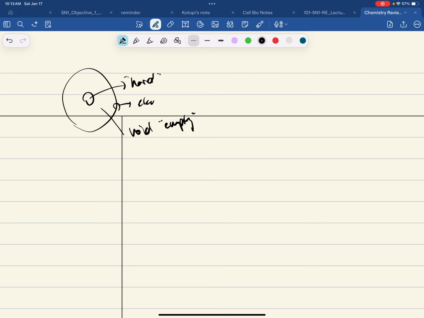The center is positive, and the outside is negative, which is the electrons, and the electrons have more of a wave-like behavior. And we'll see that a lot in this chapter.